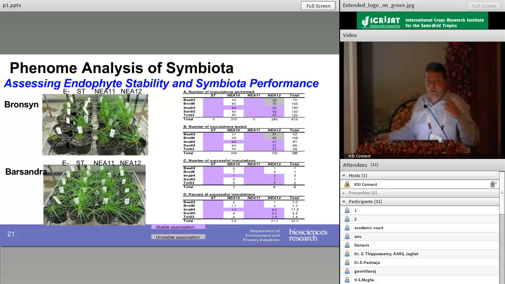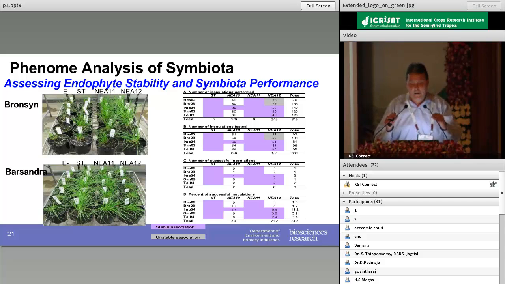And you will see that there is a very significant difference in biomass yield and tiller number and so on, having the same host plant genome interacting with different endophyte genomes.